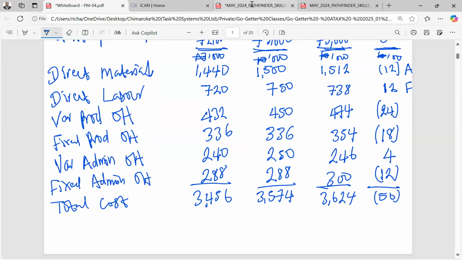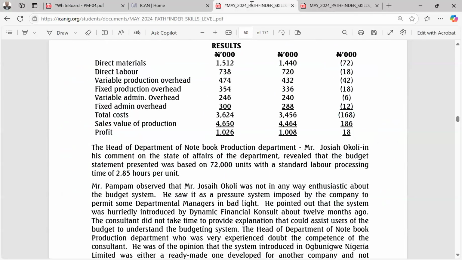Now the next thing here is sales value of production. Now, how did they get this profit? It is this sales value minus cost. So let's test one.